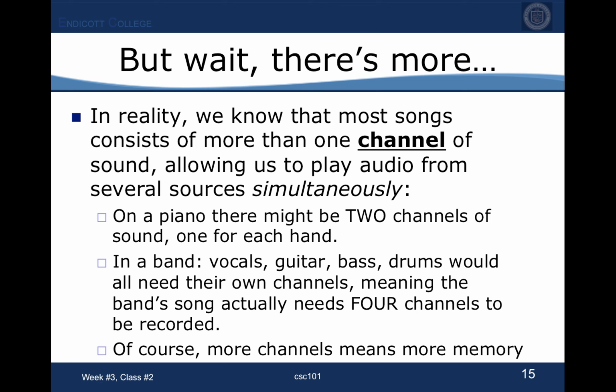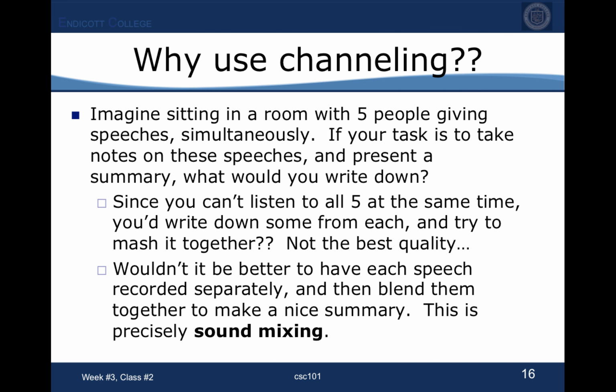But of course, if I'm going to do this, which I will do to improve quality, this again means way more memory, because then I'm not so much saying, okay, I'm going to do one channel, which is to record however many bits. I'm going to need to do this for every single channel, and if they're all the same amplitude and frequency, and I'm doing 4 channels, it maybe is 4 times the amount of memory. So this is where it really starts to add up, and we really start to get into some pretty large numbers to have good quality audio.